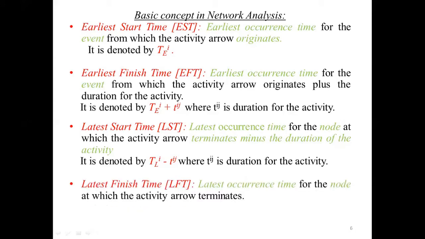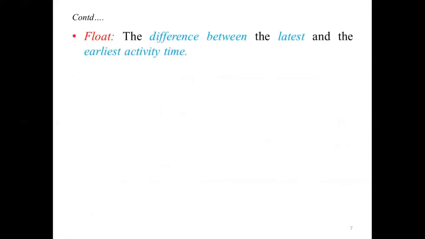Latest finish time: the latest occurrence time for the node at which the activity arrow terminates. It is the latest time for the node j. Then float: the difference between the latest and earliest activity time is known as float.